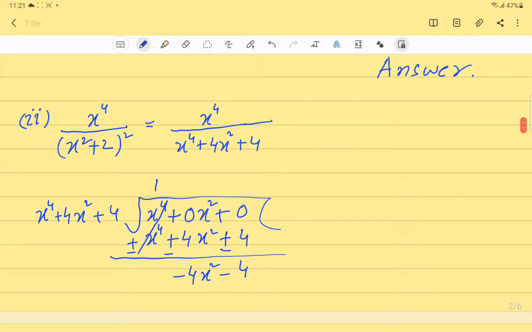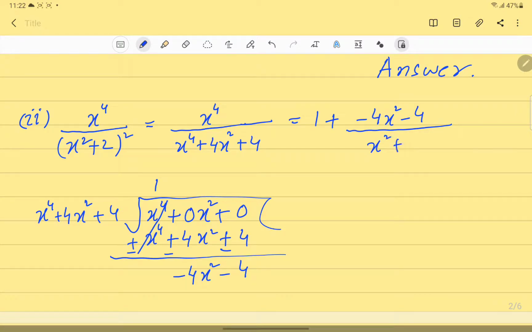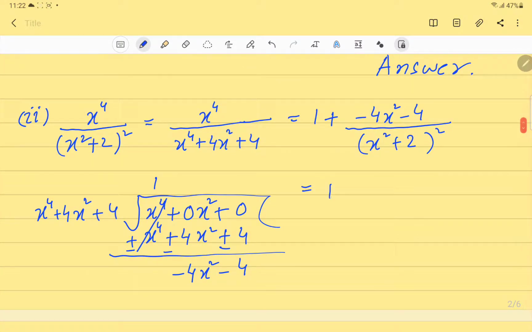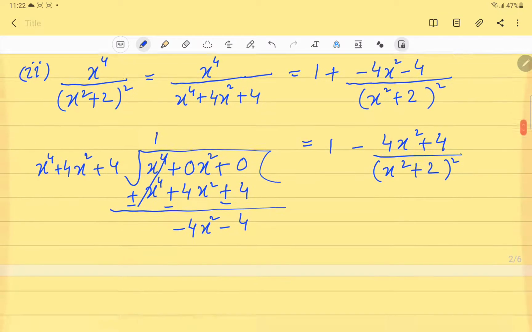So we will be writing it like 1 plus minus 4x squared minus 4 over x squared plus 2 whole squared. That is 1 minus 4x squared plus 4 over x squared plus 2 squared.